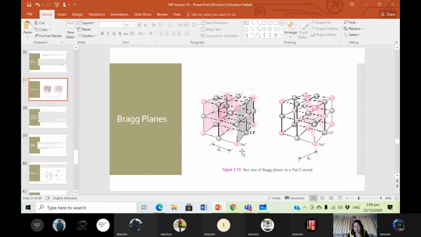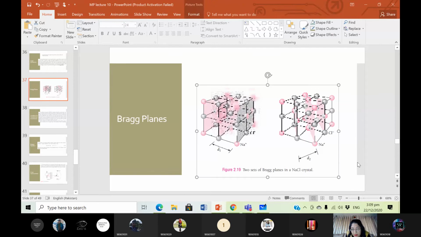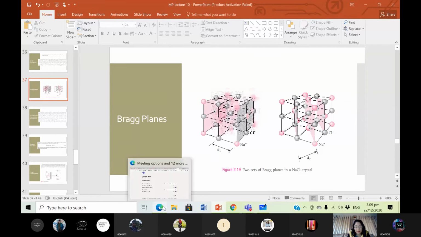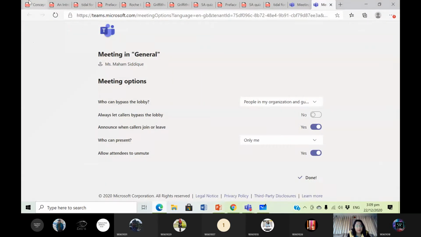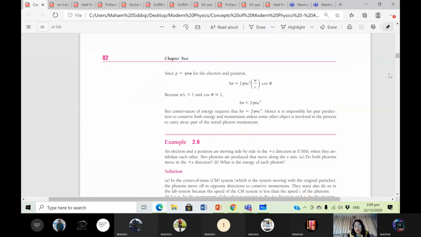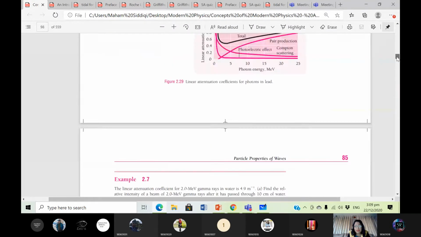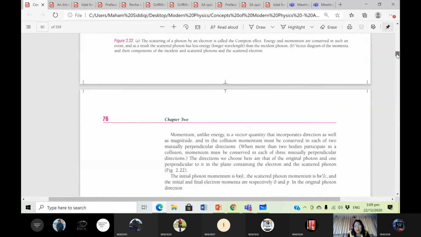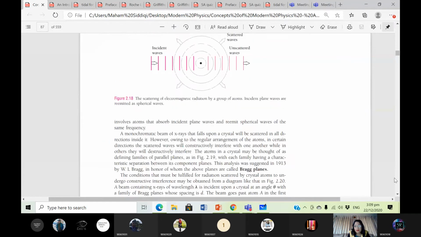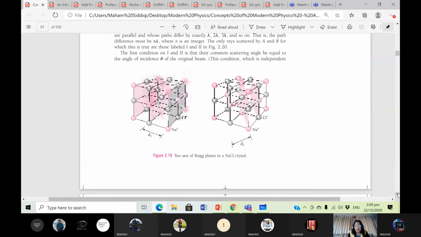For example, if we have this, sodium, what is this over here? It is a sodium crystal, for example. Just one second. I just want to check because that diagram isn't so clear. Yeah, here we go. What is this thing over here? This is not very clear from the diagram.